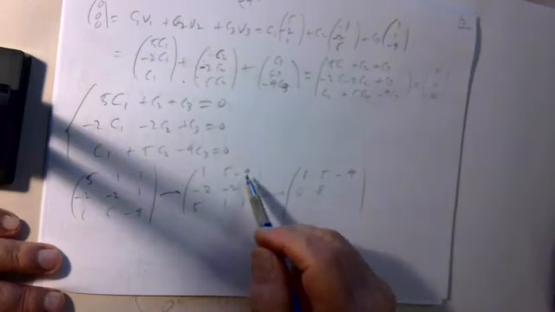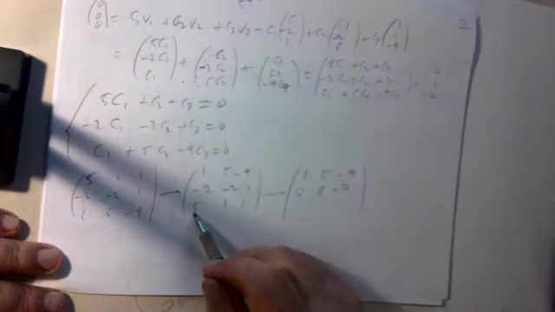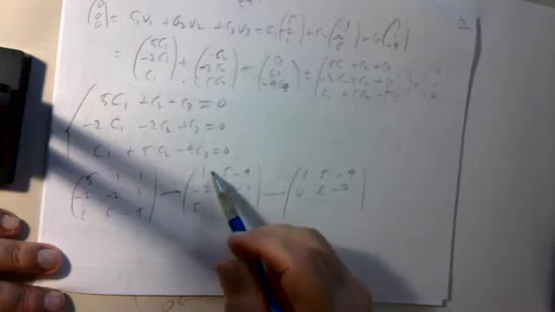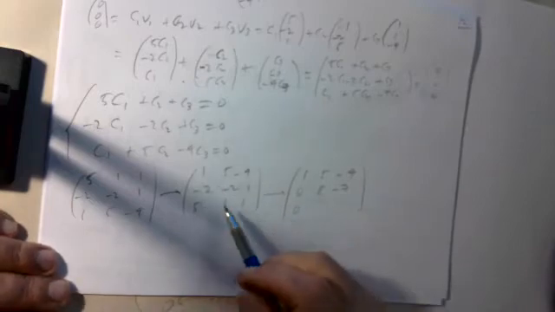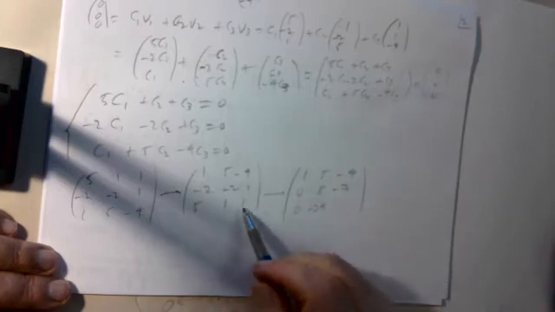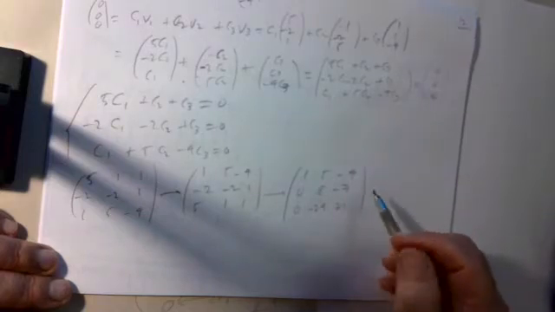Minus 8 plus 1 is minus 7. And if I want a 0 here, I subtract 5 times the first row from the third. 5 minus 5 is 0. 1 minus 25 is minus 24. 1 plus 20 is 21.